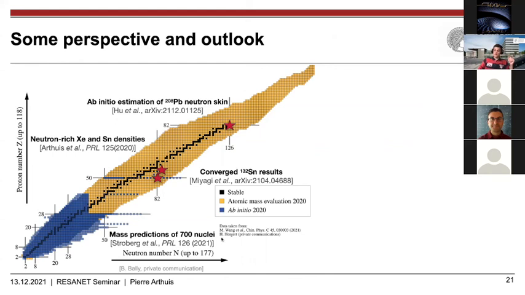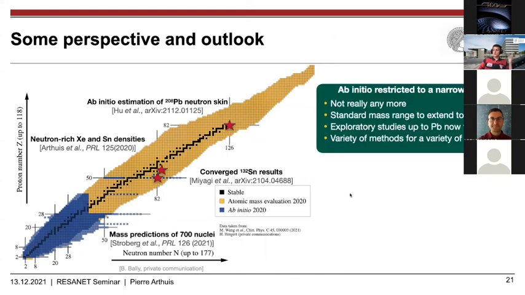Over the years, colleagues of different groups have also published massive studies predicting the masses of up to 700 nuclei in the lower part of the nuclear chart.